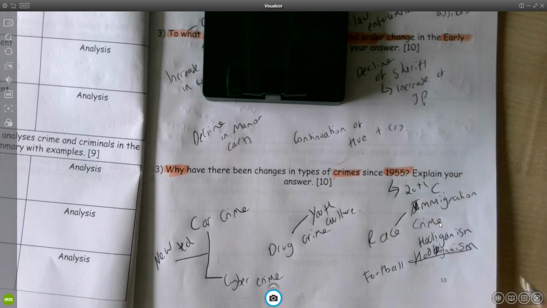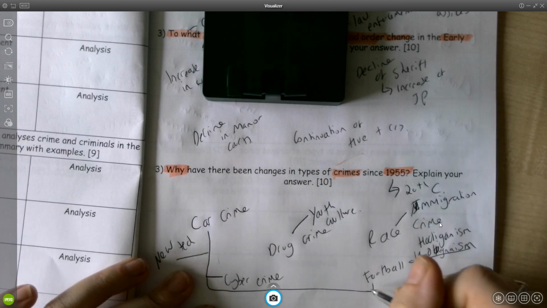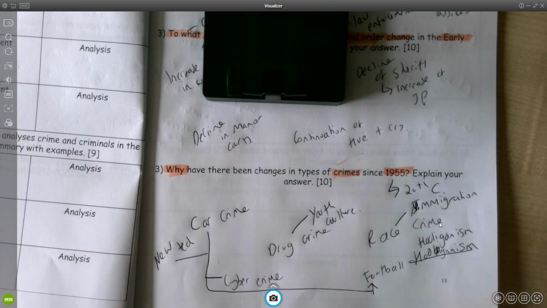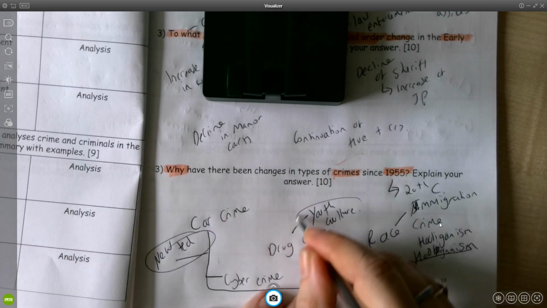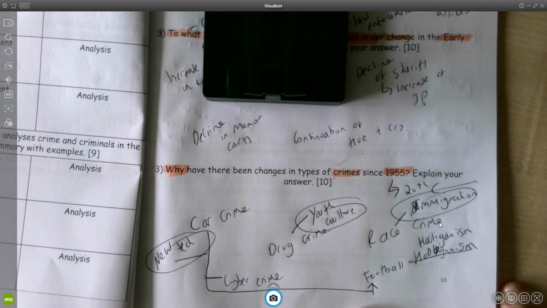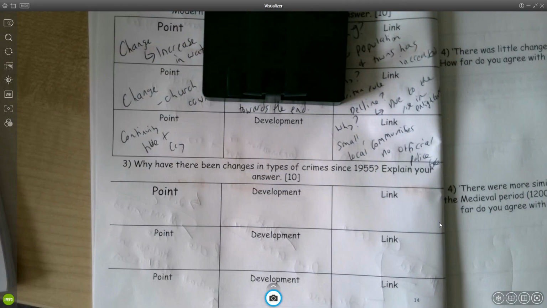And again, football hooliganism is really to do with the rise of the television, making football more popular. So again, we've got new technology. So what we've found there is our 3 points that we would use in our answer. So turn over, plan your answer, and come back and check.